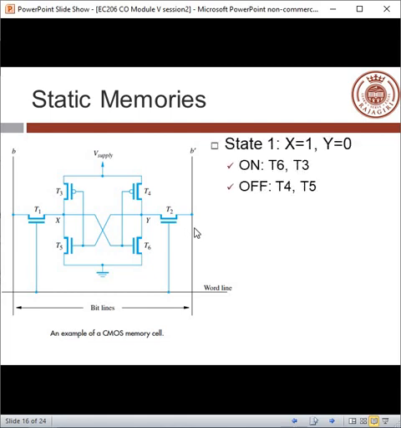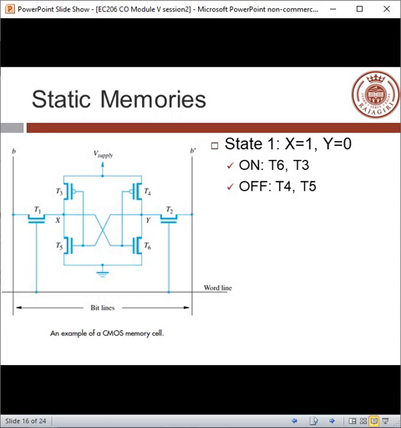Now we will have two states. State 1, that is x equal to 1 and y equal to 0. If x equal to 1, that 1 is fed to the gate of T6 and the gate of T4. That means if the NMOS gate is 1, that NMOS will be on. And if the PMOS gate is 1, the PMOS will be off. If the PMOS gate is 0, the PMOS will be on.